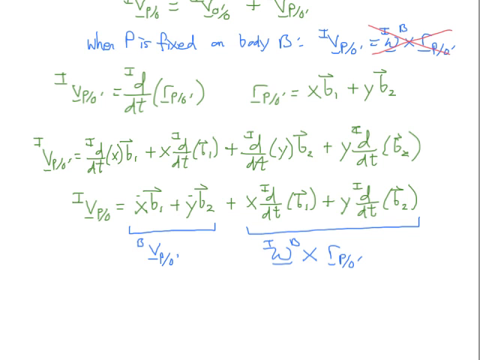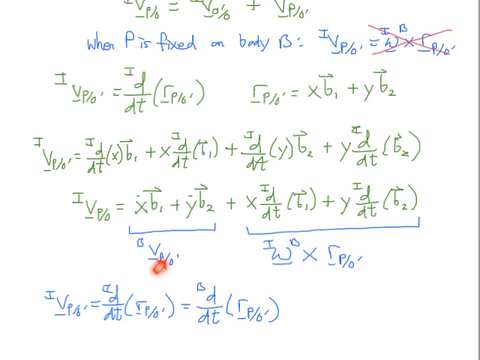And so now our expression for the velocity of p with respect to O prime as observed in the inertial reference frame, which we said is the time derivative as observed in the inertial reference frame of r p with respect to O prime, is equal to the time derivative as observed in the B frame of our position vector r of p with respect to O prime.